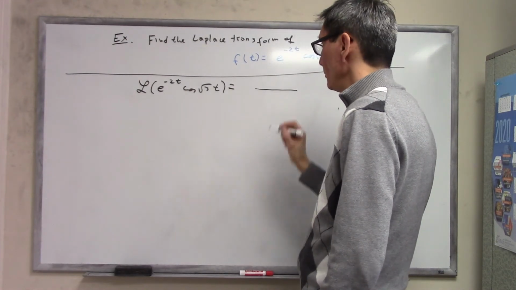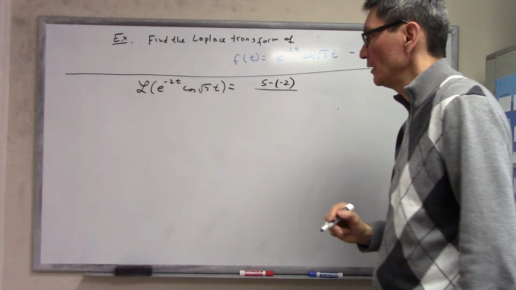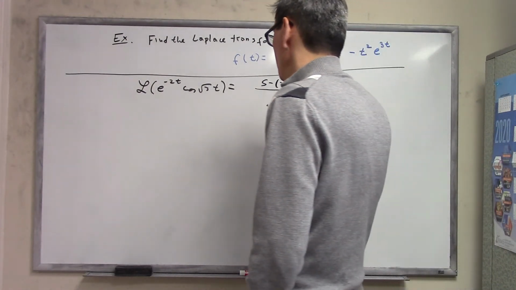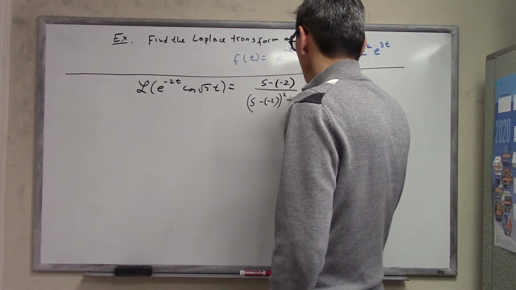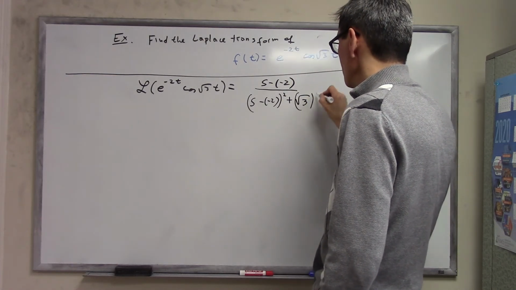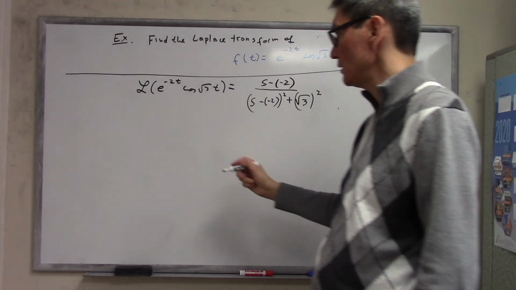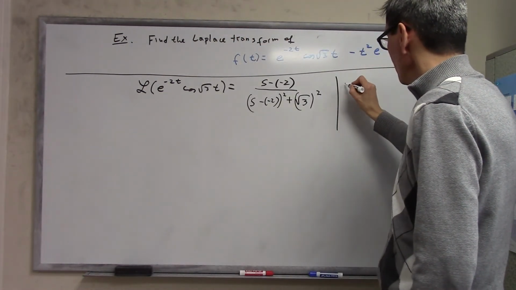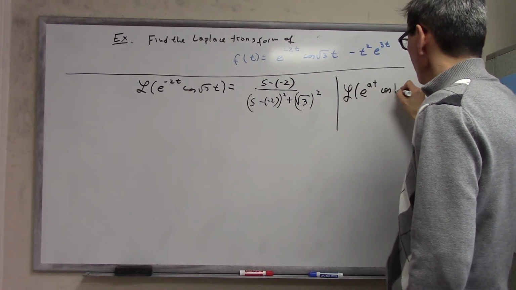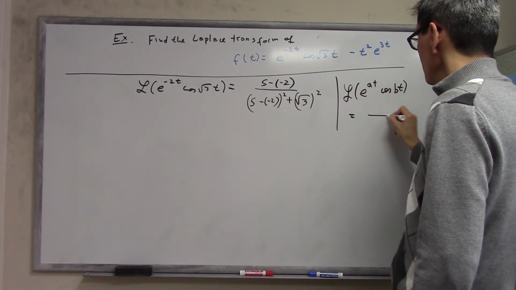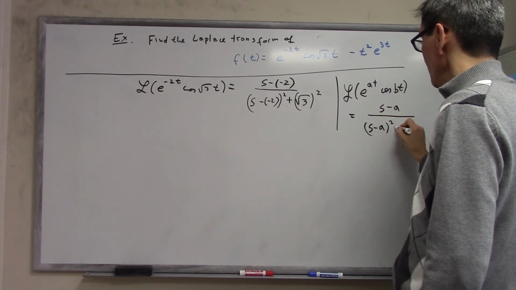s minus a on top, so s minus a, over (s minus a) squared plus b squared, where b is root of 3 here. Recall what I'm doing: I'm using the formula that the Laplace transform of e to the at cosine of bt equals s minus a over (s minus a) squared plus b squared.